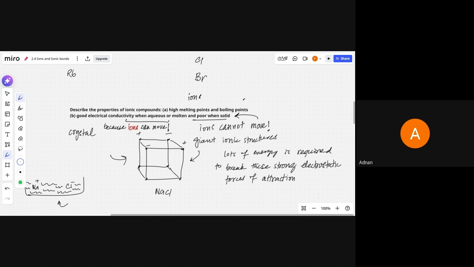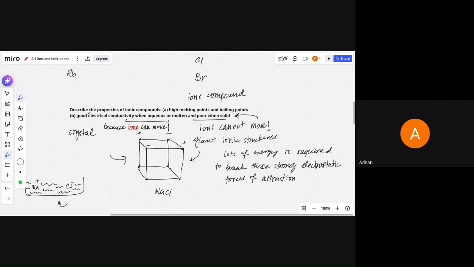And for extended, we need to develop our understanding of why ionic compounds have high melting and boiling points, and why they are good conductors of electricity when aqueous or molten, and poor conductors of electricity in a solid state. So you just need to know here in core that ionic compounds have high melting and boiling points. No explanation. Just need to know that they have high melting and boiling points.